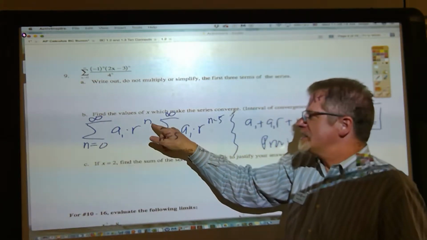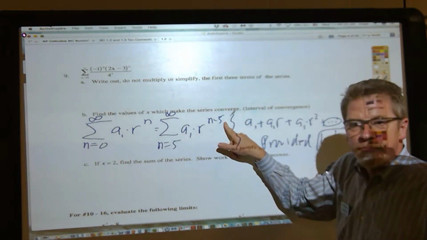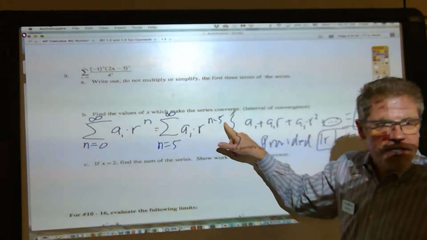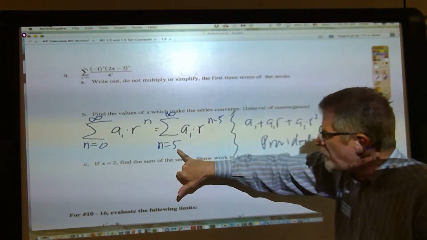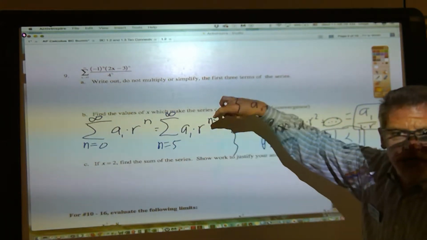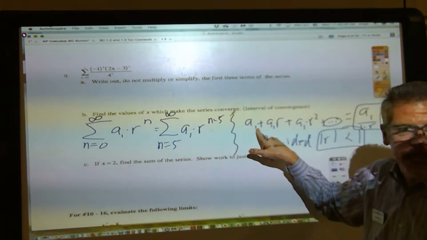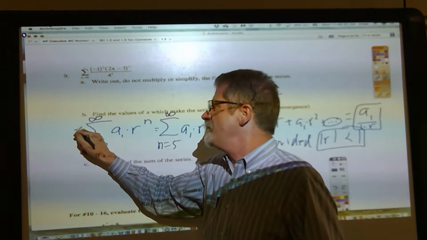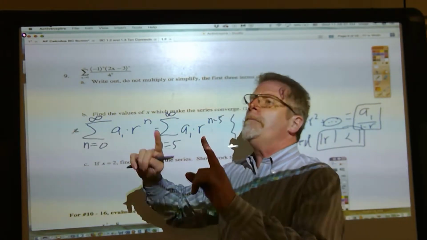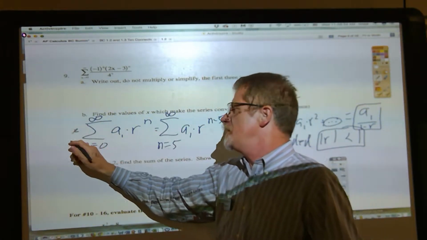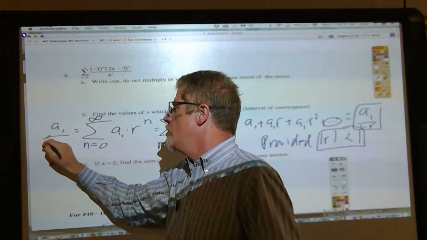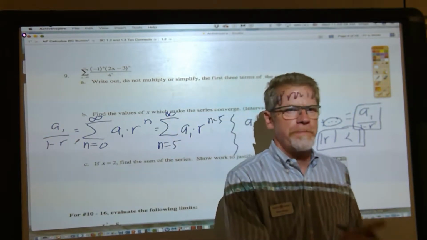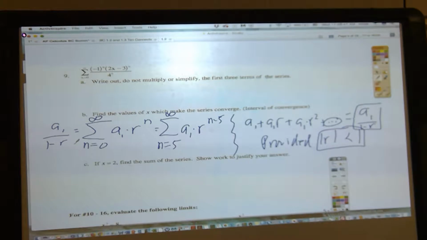If it's 5, then you go to n minus 5, because it makes sense that the first term is going to be a1, since r to the 0 is 1. Either way, it matches up. However, no matter how you write the first value of the index of summation, you get a1 over 1 minus r. But that is a provisional formula. It is provided that the absolute value of r is less than 1.